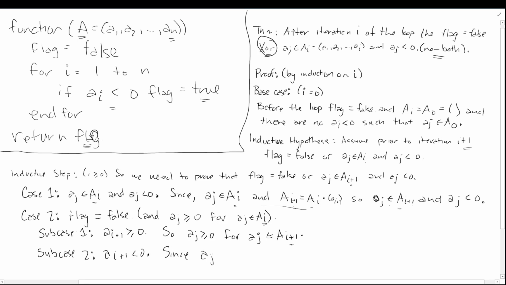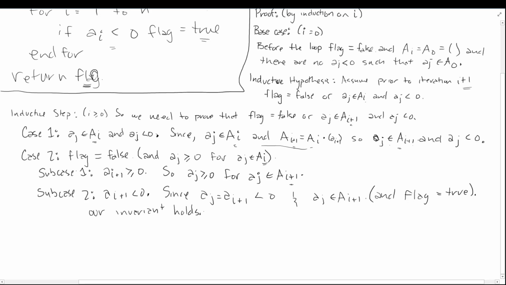Since A[j], which we can say is equal to A[i+1], is less than 0, and A[j] is in A[i+1], we basically confirmed the second condition. I'll just add, maybe in brackets since I had it in brackets up here, the extra bit, and flag equals true. I just wanted to finish that clause here.